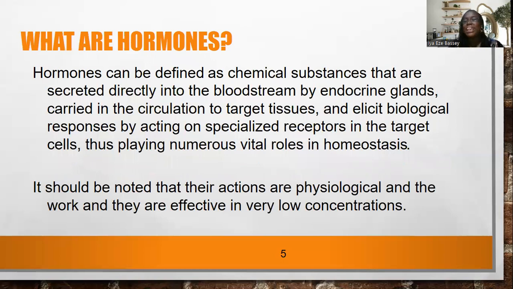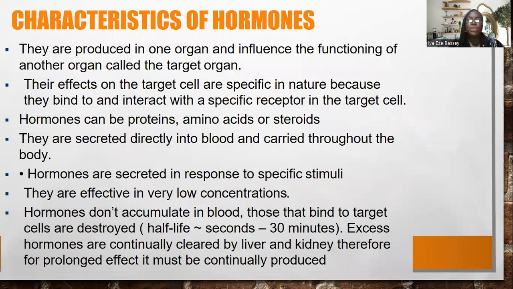They can be defined as chemical substances that are secreted directly into the bloodstream by endocrine glands, and they are carried in the circulation to target tissues to elicit biological responses by acting on specialized receptors in the target cell, thus playing numerous vital roles in homeostasis. You should note that their actions are physiological and they work at very, very low concentration. That is very vital to know.